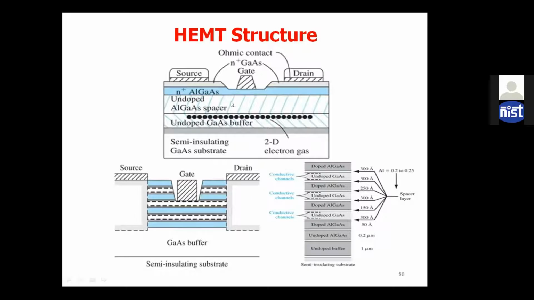There is an undoped AlGaAs spacer, this region, and here is the gallium arsenide buffer. As explained earlier, you can get the electron in the interface between AlGaAs and GaAs, and you can control the movement of electrons in this channel from source to drain by using the gate. So this is the HEMT technology.